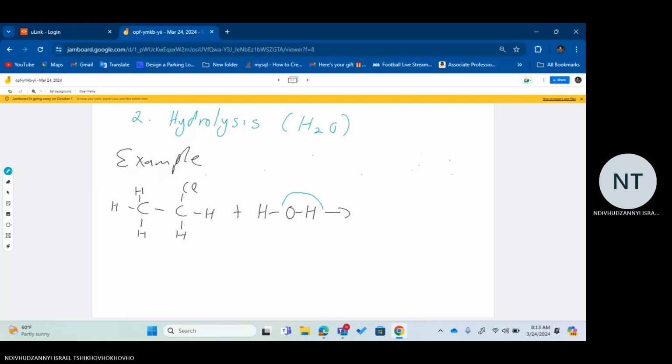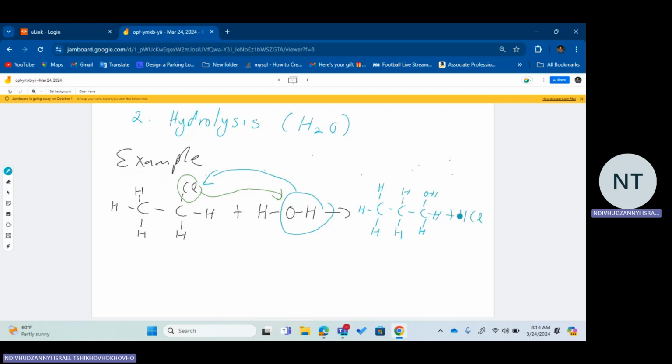So in place of Cl, we'll put OH, and in place of OH, we'll replace it with Cl. So we're going to form alcohol and HCl.